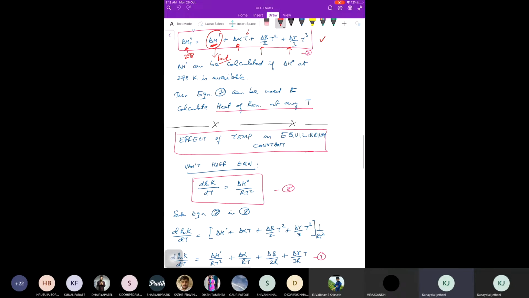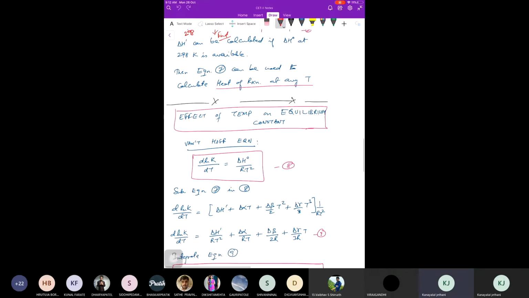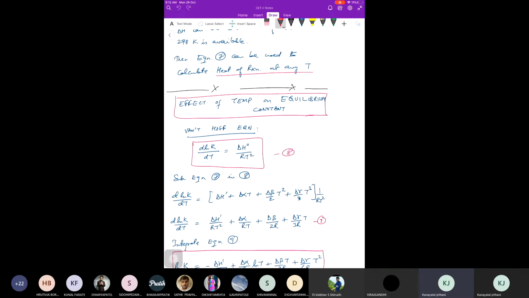If we substitute equation 7 in equation 8, we get d ln K by dT equal to delta H prime plus delta alpha T plus delta beta by 2 T square plus delta gamma by 3 T cube, into 1 upon RT square, right? So if you open it, you get delta S prime by RT square plus delta alpha by RT plus delta beta by 2R plus delta gamma by 3R into T.